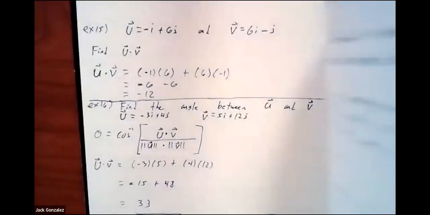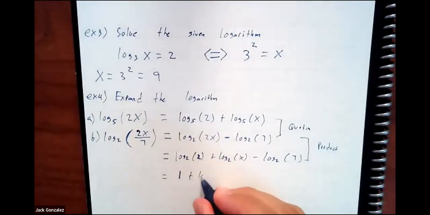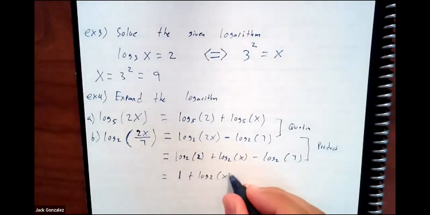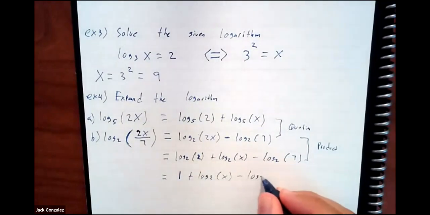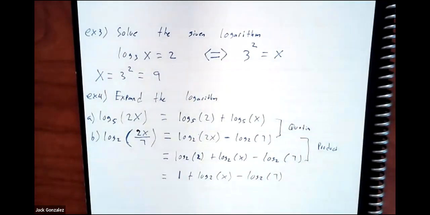I think it's gonna be 1. Anytime they're the same, the argument and the base, they just cancel, leaving you with whatever's on the power.